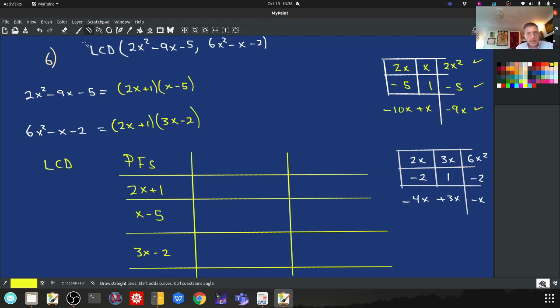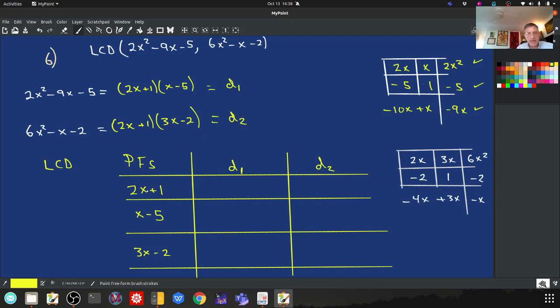I'm going to call this my denominator 1. I don't want to write all of this stuff down here, but I'm going to call this my denominator 2. So I'll just refer back to these.